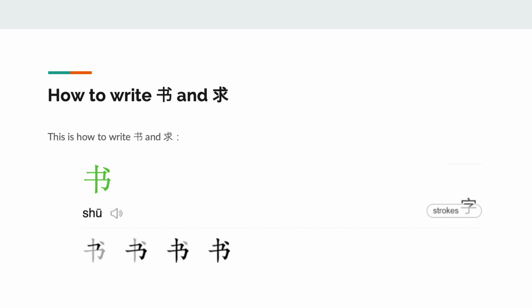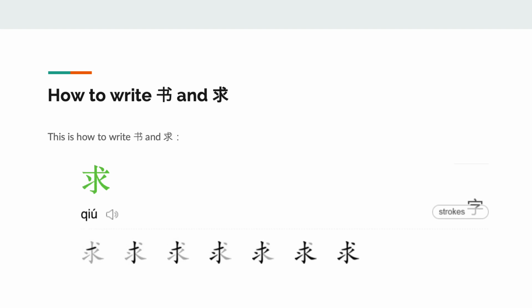Let's look at how to write Shu and Qiu now. Shu means book, and it has an upper right dot which comes last. Qiu means to seek or request, and it not only has an upper right dot which comes last, but also inside dots.